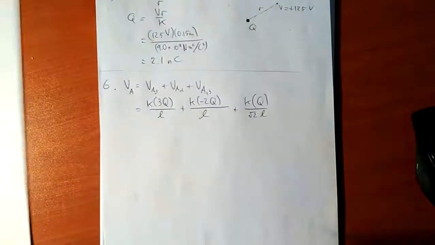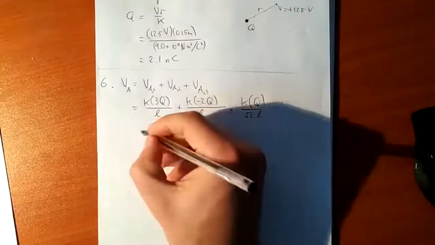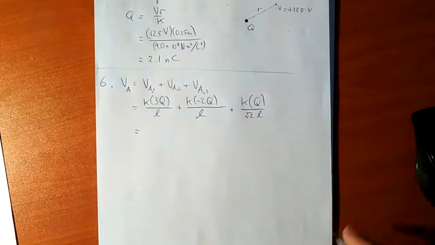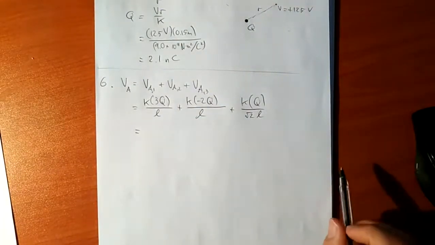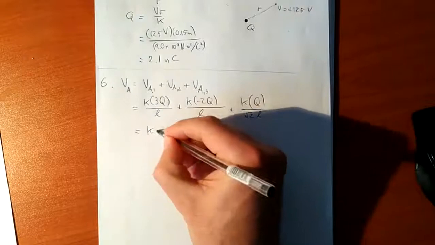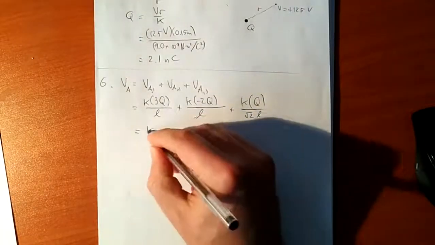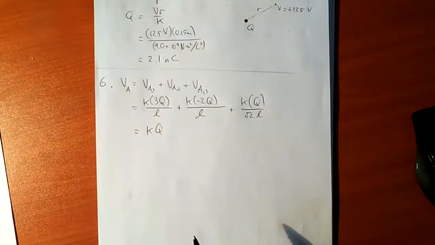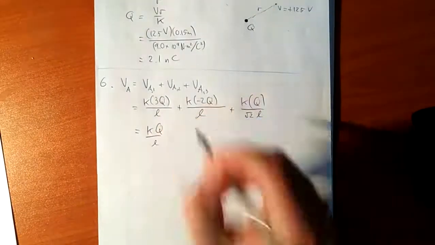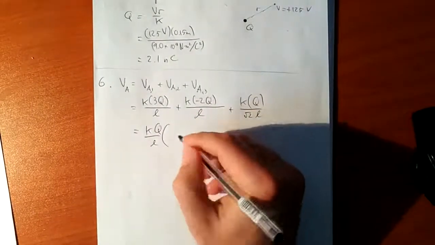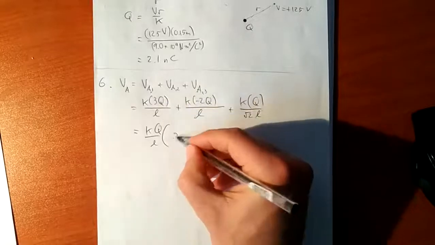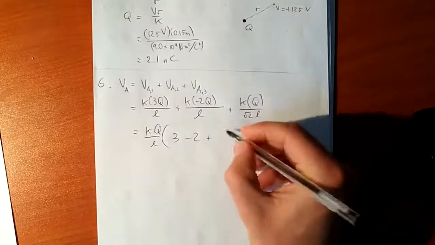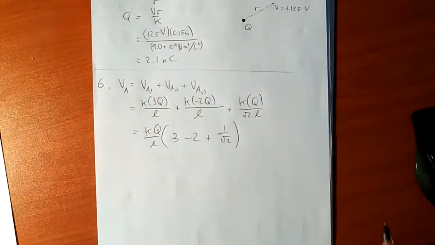So let's simplify that. Let's just take out a bunch of common factors. I can take out KQ over L, that's a common factor. So then what do we have? First term is 3, then minus 2, and then plus 1 over the square root of 2.